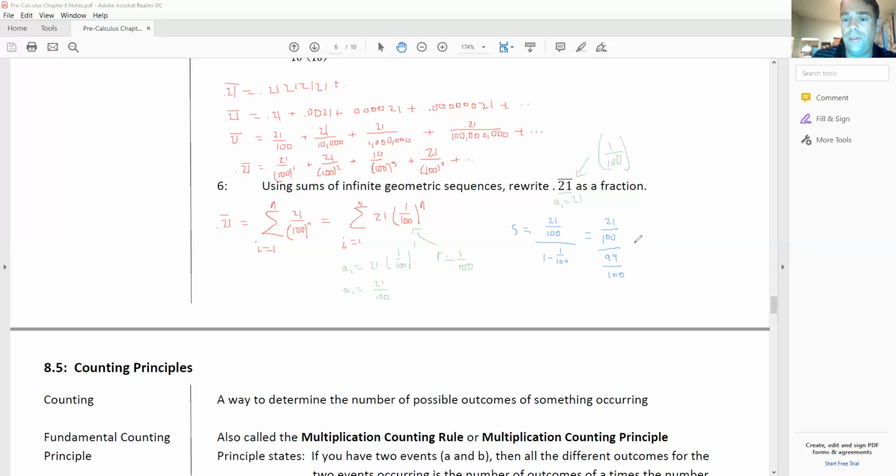And that's the same thing as 21 over 99. Or, if I want to reduce it more, 7 over 33. So 0.21 repeating is the same thing as 7 over 33.